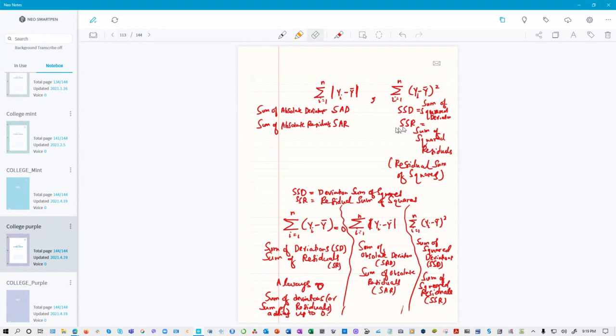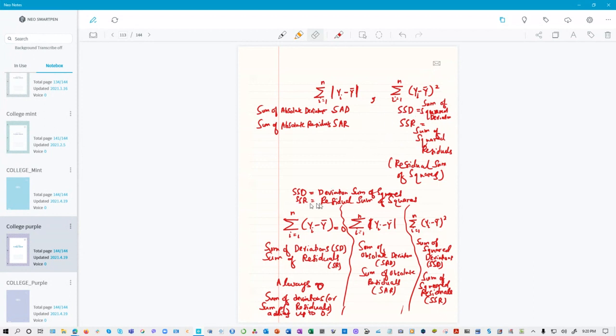Residual sum of squares. Some people read it like that. Residual sum of squares or sum of squared residual. The same way, see, sum of squared deviation. Or you can say deviation sum of squares. Either read from this side to that side, doesn't matter.